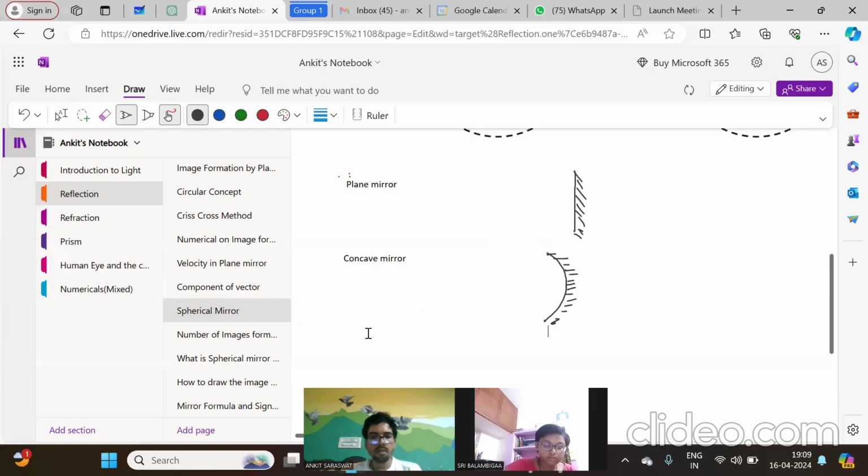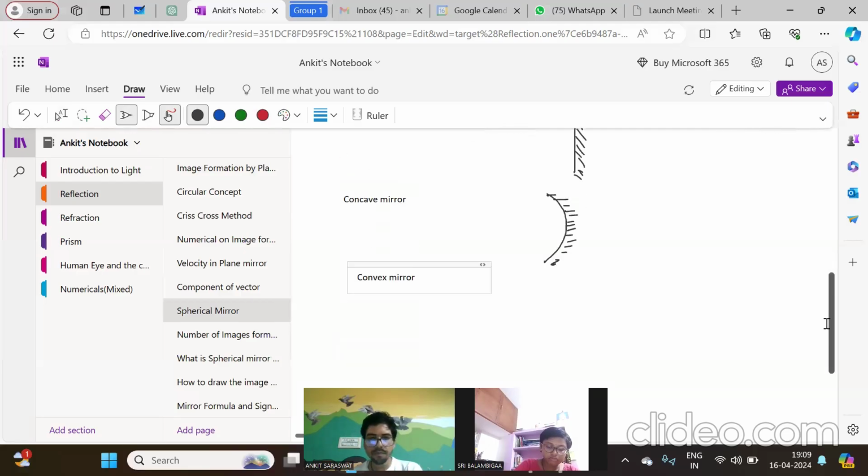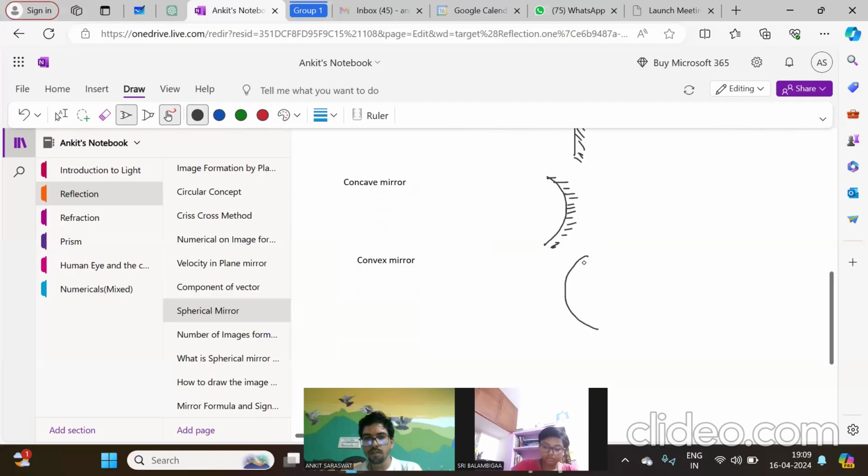Similarly, convex mirror will be like this. Clear? Yes, sir. I think you already know this thing. In class 6, 7, this is being taught. So today we will learn what is spherical mirror.